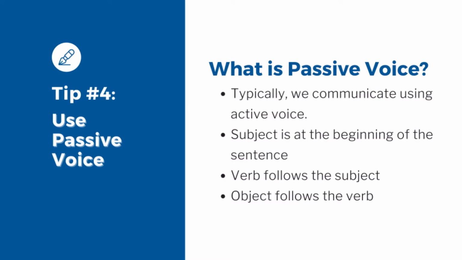Typically, we communicate what we see, do, or hear using the active voice. In the active voice, the reader is given the subject, the person or thing responsible for the action, at the beginning of the sentence, followed by the verb and the object of the verb.